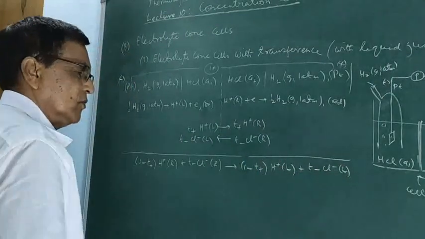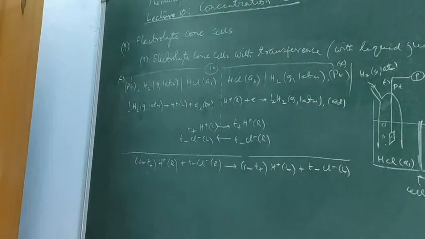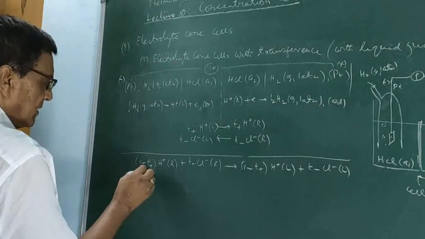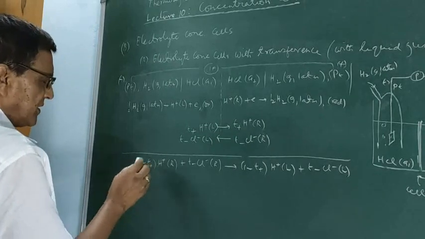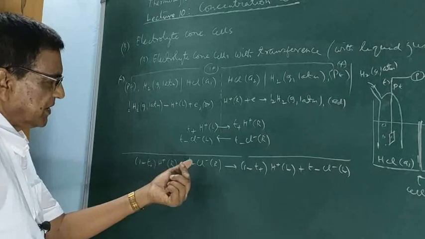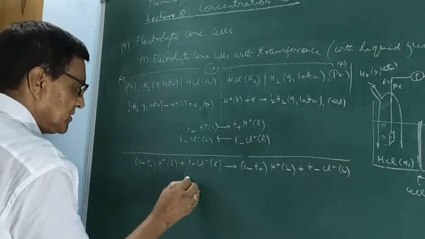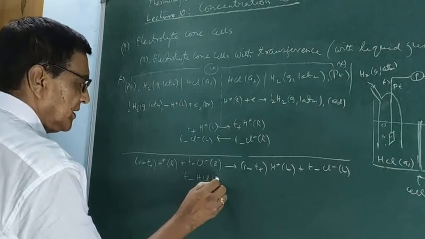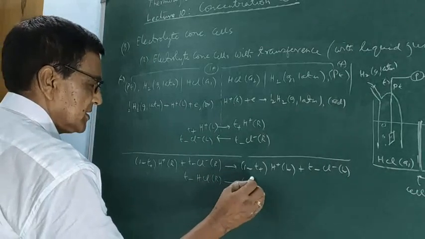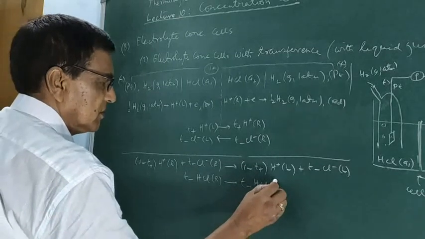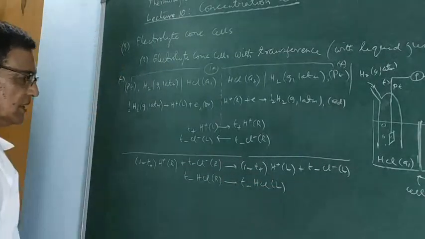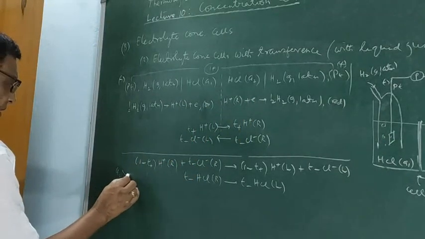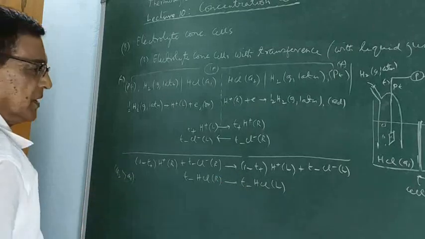This transfer occurs by cancelling like terms. And 1 minus t plus means t minus hydrogen ion on the right and t minus chloride ion on the right. We can write this as t minus hydrochloric acid on the right, giving t minus hydrochloric acid to the left. So actually on the right-hand side, a2 must be greater than a1 to make this transfer spontaneous.